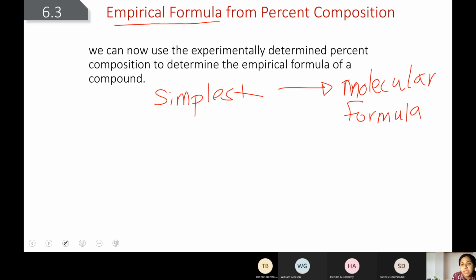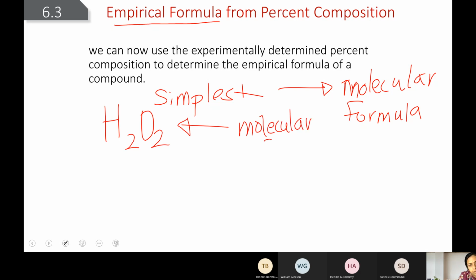Okay, what is that? Let's do an example. I would say H2O2. That is the molecular formula. What is the empirical formula? I will give the simplest ratio between the atoms.